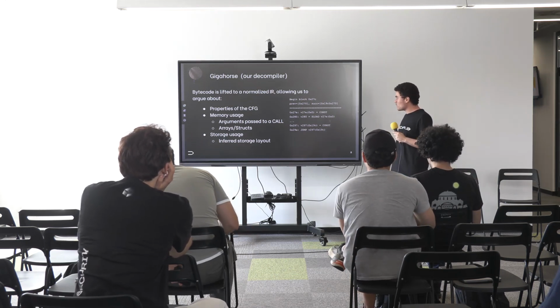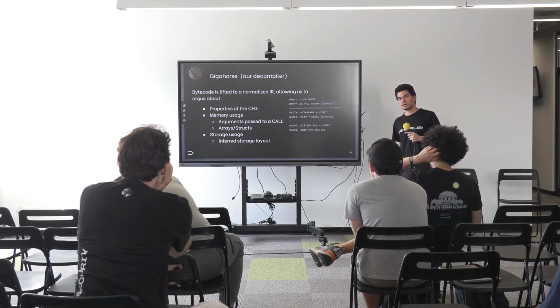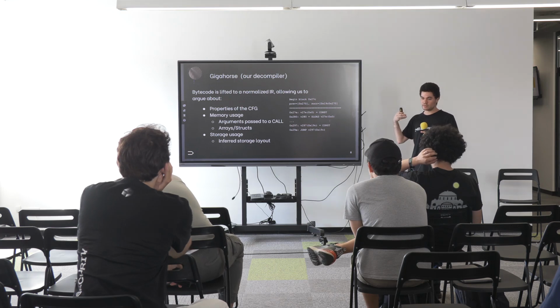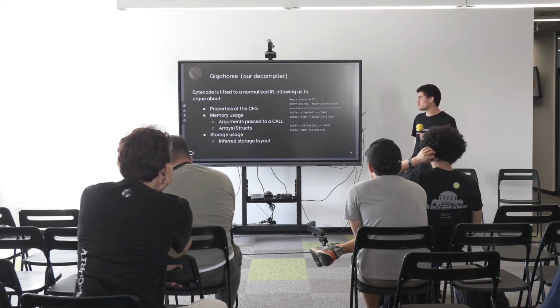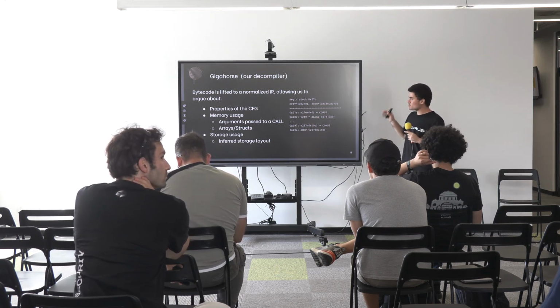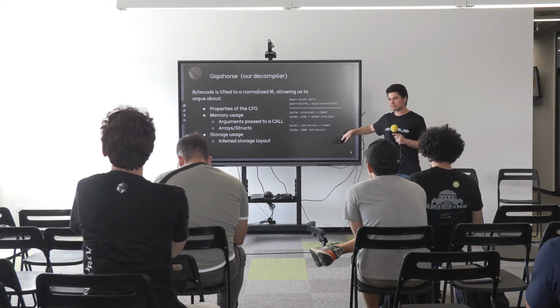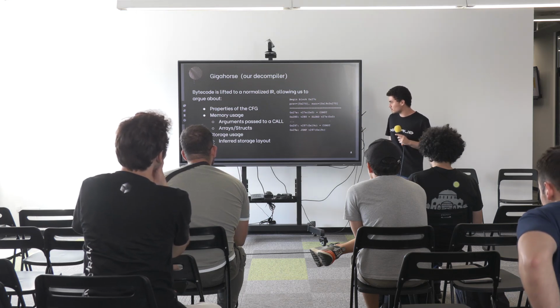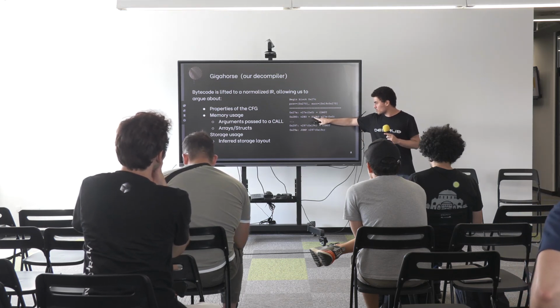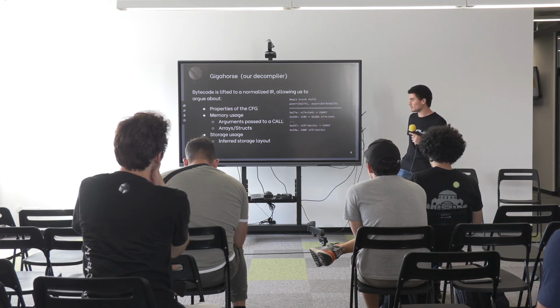What GigaHorse does essentially is getting the EVM bytecode and lifting it to a normalized IR, intermediate representation. This brings back the notion of variables and statements, as you can see here. You don't have to memorize this. I'm just showing you how variables and statements are brought back to life, essentially.